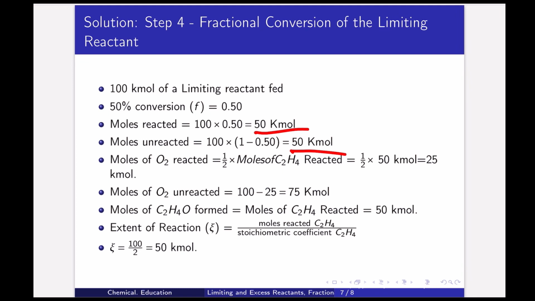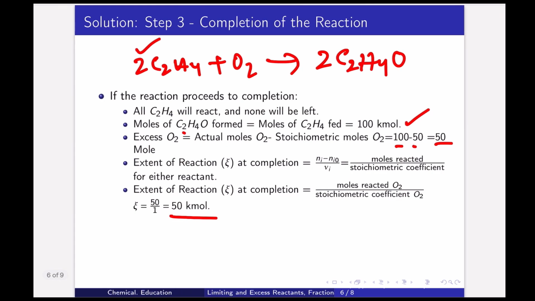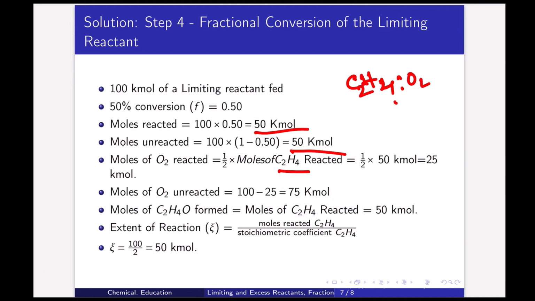The moles of oxygen reacted is half the moles of C2H4 reacted, because the stoichiometric ratio of C2H4 to oxygen is 2 to 1. So half of 50 kilomoles is 25 kilomoles. So the unreacted oxygen is 75 kilomole. And the moles of C2H4O formed is equal to the moles of C2H4 reacted, that is 50 kilomole.